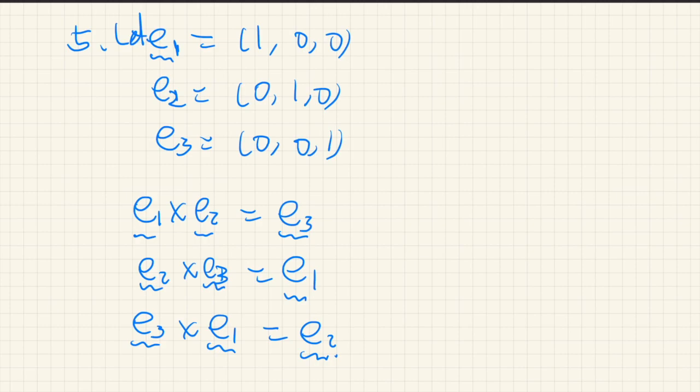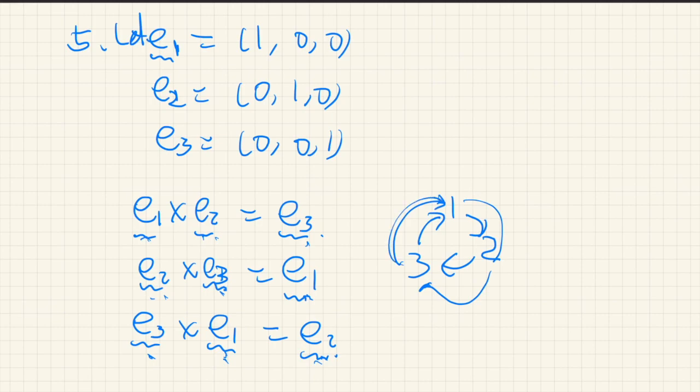So this is like circular: 1, 2 becomes 3, 2, 3 becomes 1, and 3, 1 becomes 2. It's like rotating: 1, 2, 3, 2, 3, 1, 3, 1, 2. So these are the basic properties of the cross product or vector product.